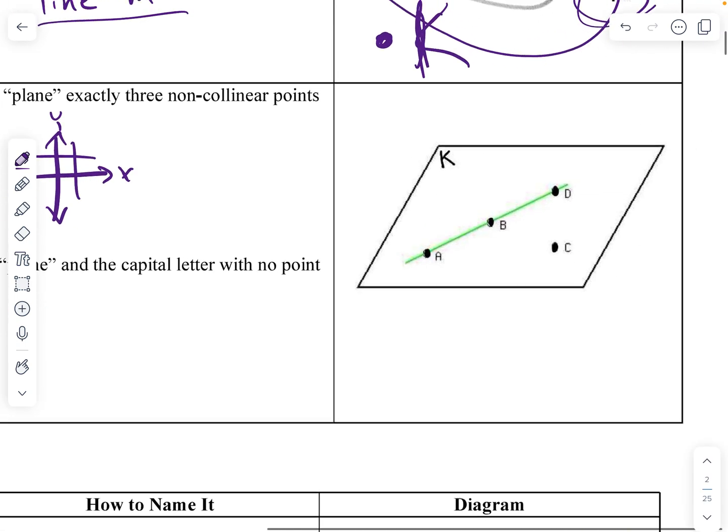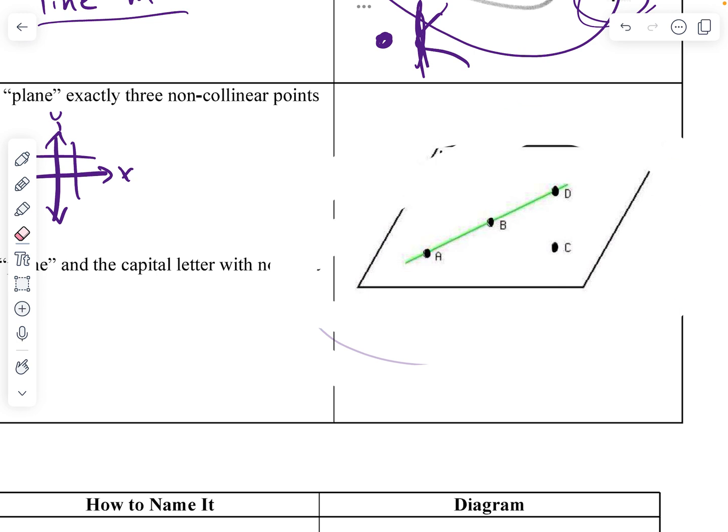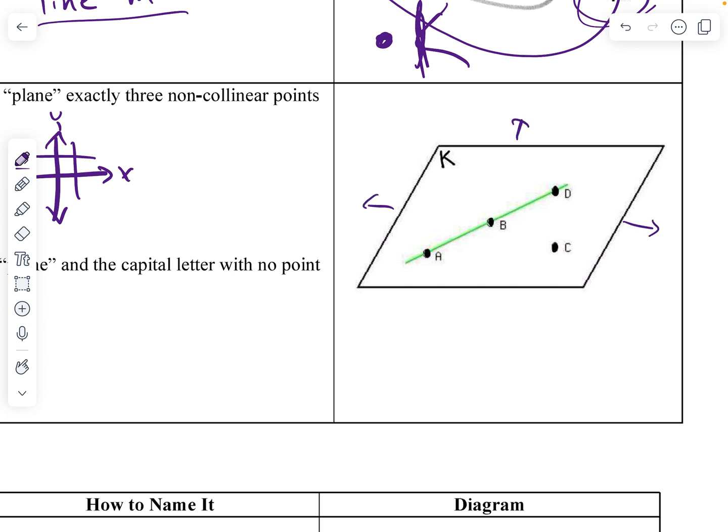Now this is a little tricky. We're going to go over to this picture here of a plane. This picture seems a little strange because I told you that it extends forever in all four directions. This way, this way, this way, and this way. I don't want you to draw those arrows on there because it's not really necessary.